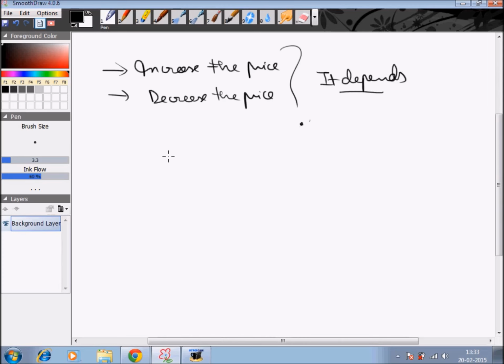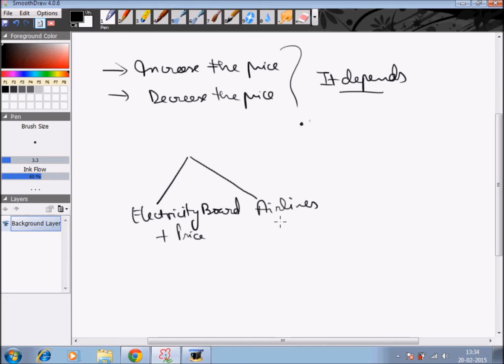I take two examples. Suppose the electricity board of a country wants to increase its revenue. What will it do? It will simply increase the prices per unit of the electricity supplied. And similarly, suppose an airline wants to increase its revenue, what will it do?